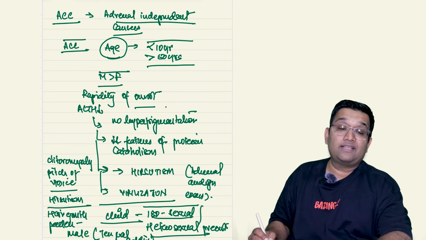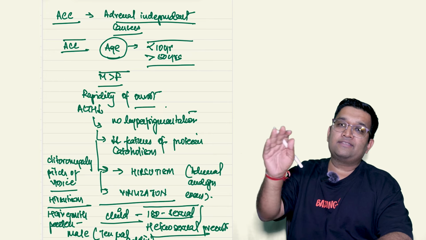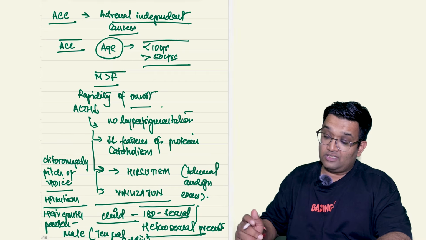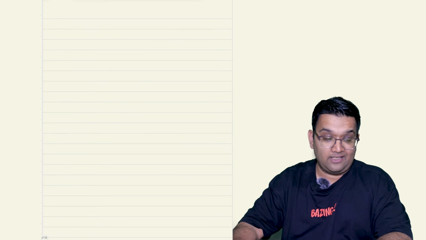So these are the things that may occur. So a female having the secondary sexual characters of a male is going to be heterosexual precocity.